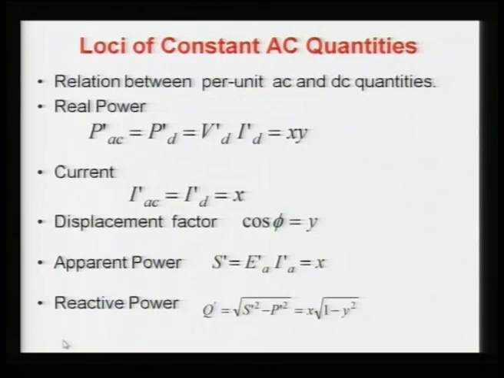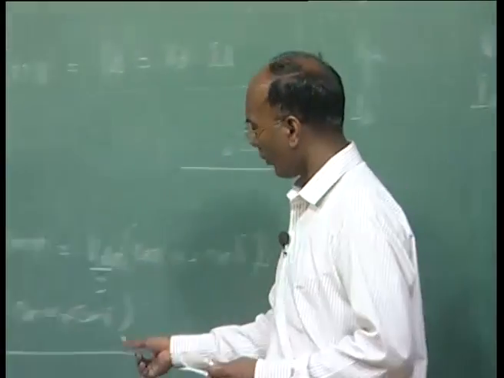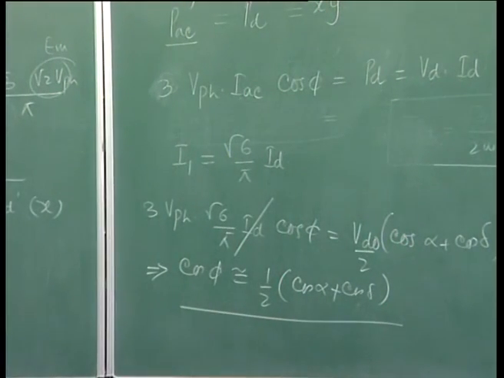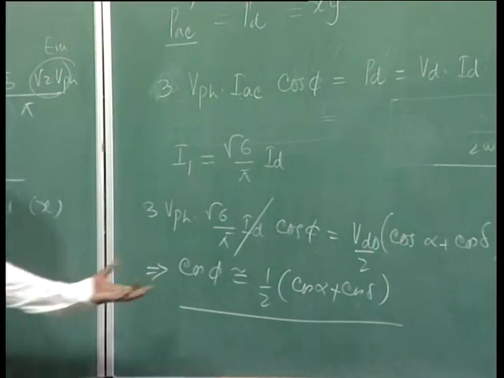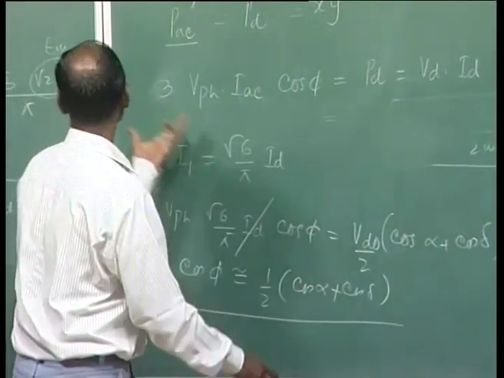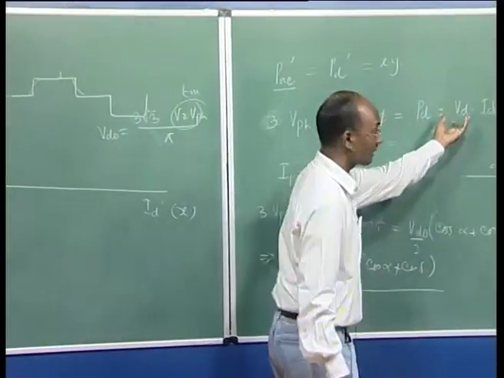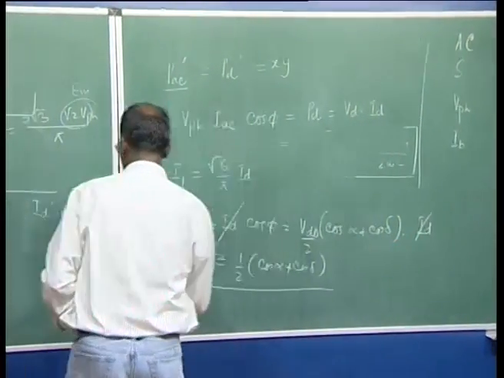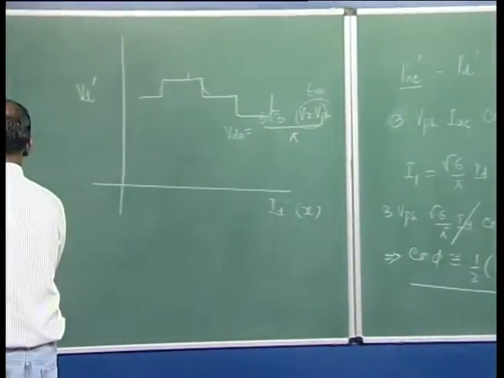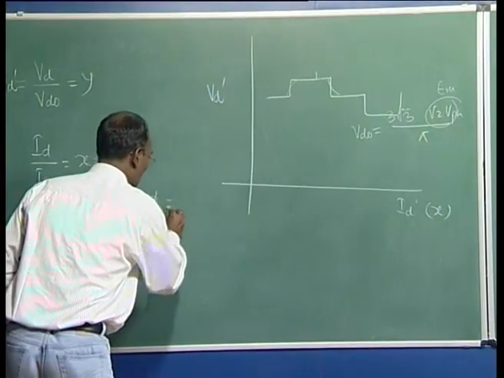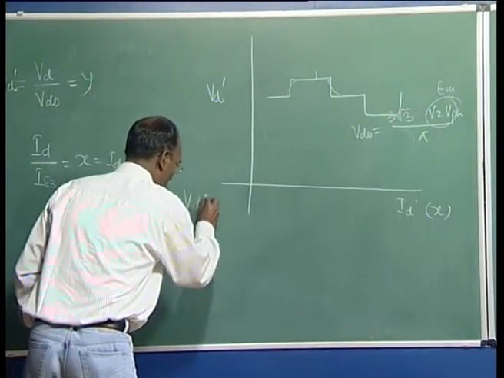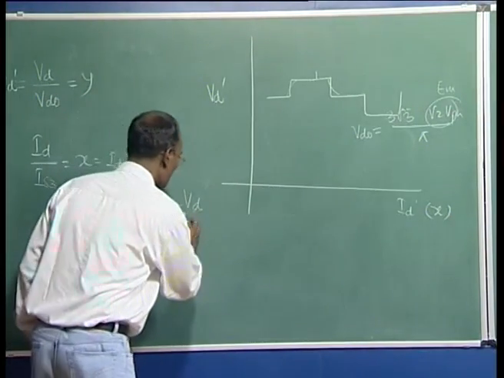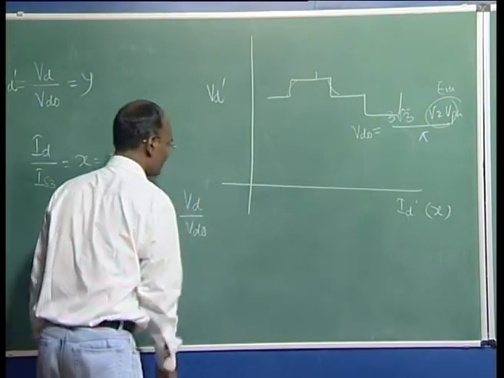Now this value, what is this? This is related to your VD expression, just remember this. Here we write here. So this value is nothing but, I can write, this is a cosine phi. It is your VD prime simply. Means this value is nothing but your VDO here.